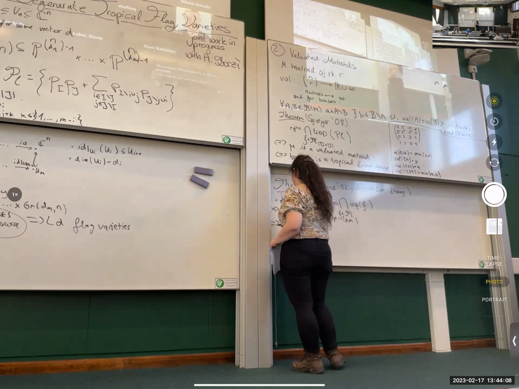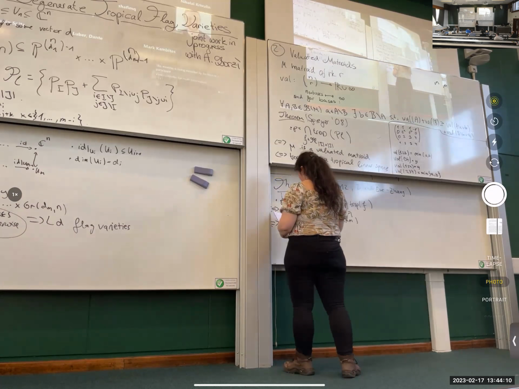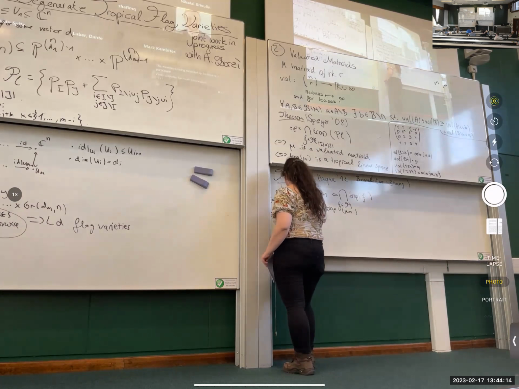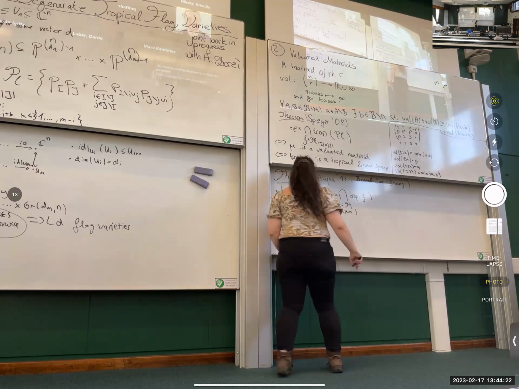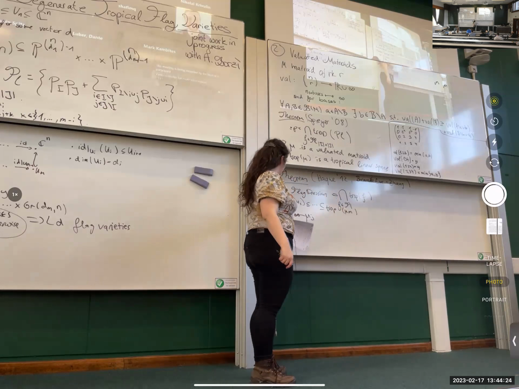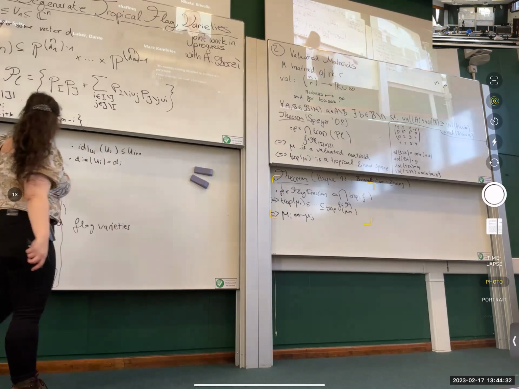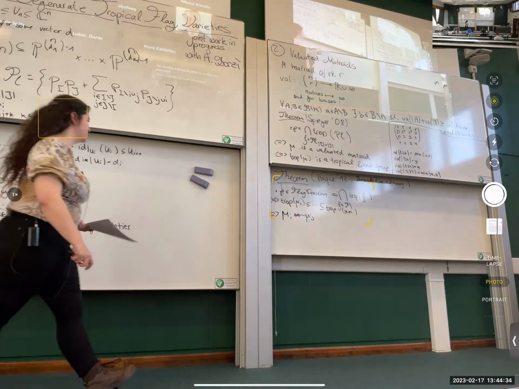And this is equivalent to the valuated matroids associated to them being a flag of valuated matroids, which is a quotient of valuated matroids. So mu i being a quotient of mu j, where being a quotient just means the same as here: being a valuated matroid means satisfying these Plücker relations, being a quotient of valuated matroids means satisfying these additional Plücker relations.